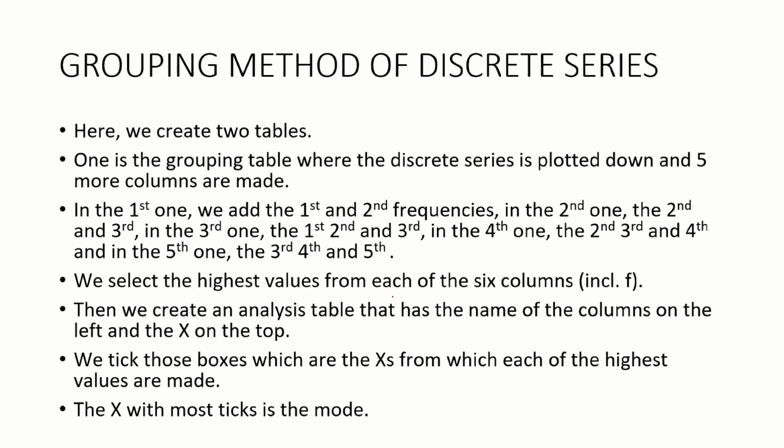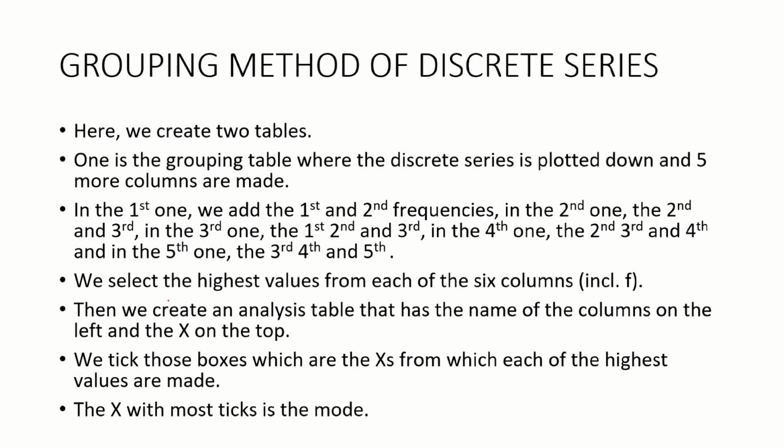Okay, and we select the highest values from each of the 6 columns, including the frequency one. Then we create an analysis table that has the name of the columns on the left and the x, or the values, on the top. Now we take the boxes, which are the x's from which each of the highest values are made.